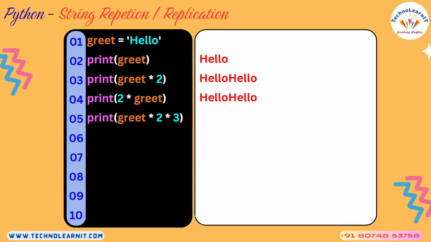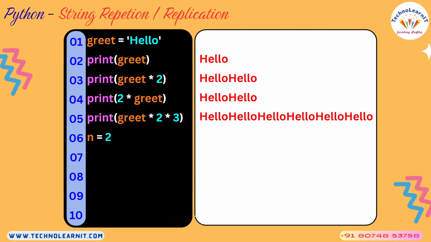Look at example output statement 5, where greet is a string variable multiplied by 2 multiplied by 3. In this case, the two integers or whatever the number of integers that you mentioned in your expression would be evaluated first. That means here 2 times 3 will be evaluated, which is 6. Finally, the statement would be evaluated as greet times 6, which would be hello for 6 times.